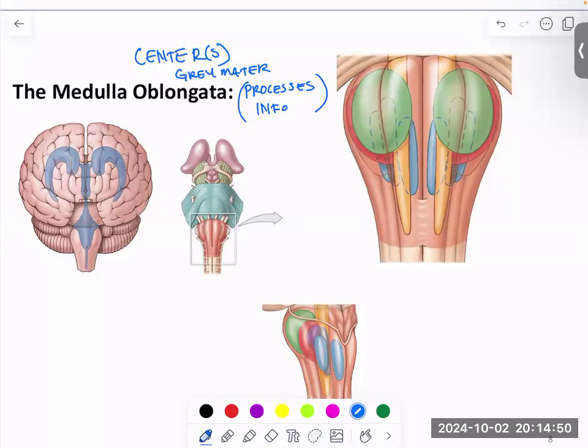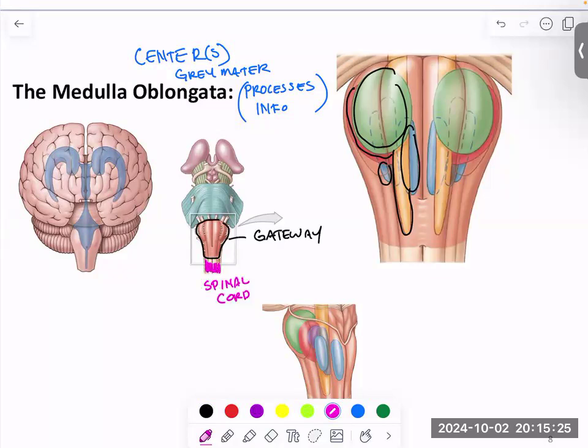Look at the medulla. It has 1 center in green, 2 centers in red, 3 centers in blue, the other one in another blue, the yellow one. The medulla oblongata has like 9 centers. The medulla oblongata is like the most inferior portion of the brain. Sometimes it's called the gateway to the brain because right underneath it is the spinal cord.